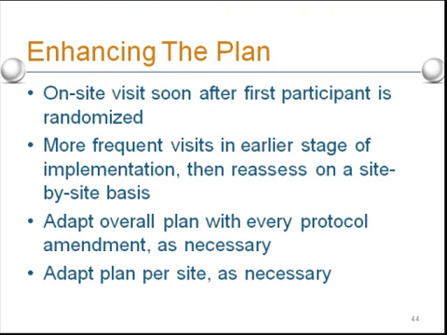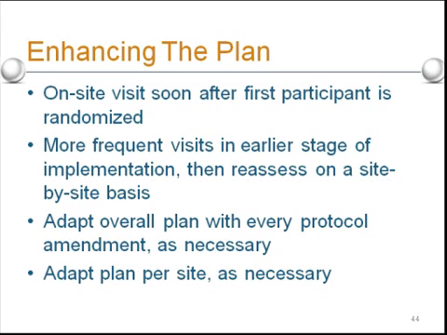Then we further enhance the plan by conducting the on-site visit as soon as the first participant is randomized. We were a little slow to catch on to that. We knew it had to happen, but it happened less quickly than I think we should have done it.